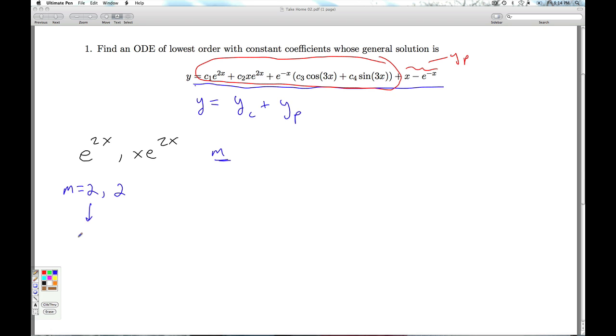What does that mean? That means that (m minus 2) squared has to be a factor of my polynomial. So this accounts for 2 orders. Now I look at what's left over here, the e to the minus x cosine 3x and e to the minus x sine 3x.